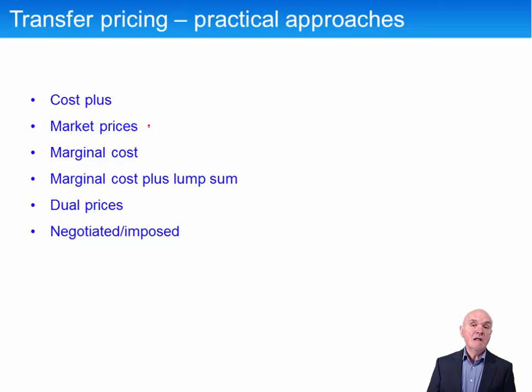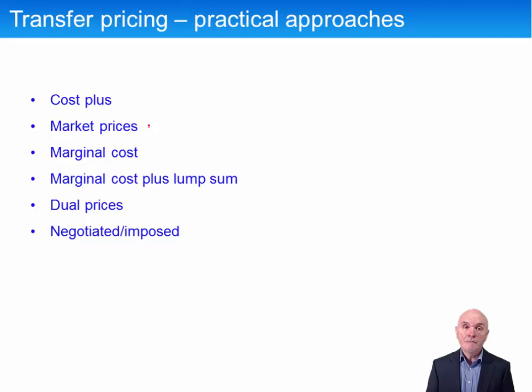Marginal cost plus lump sum. What happens there is during most of the year you transfer at marginal cost, and we see this can be quite a good approach for goal congruence because it allows division B to see what the true marginal cost to the group is, and then at the end of the year you say, right, let's make a journal transfer, let's give the transferring division some more income, if you like, to cover profit.